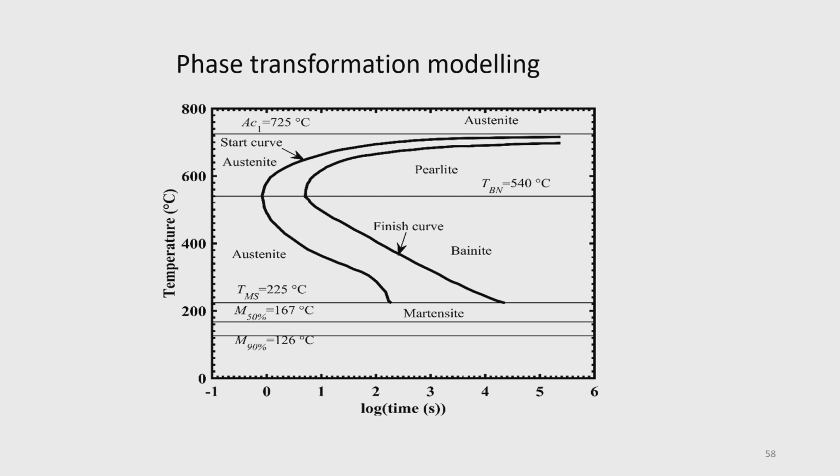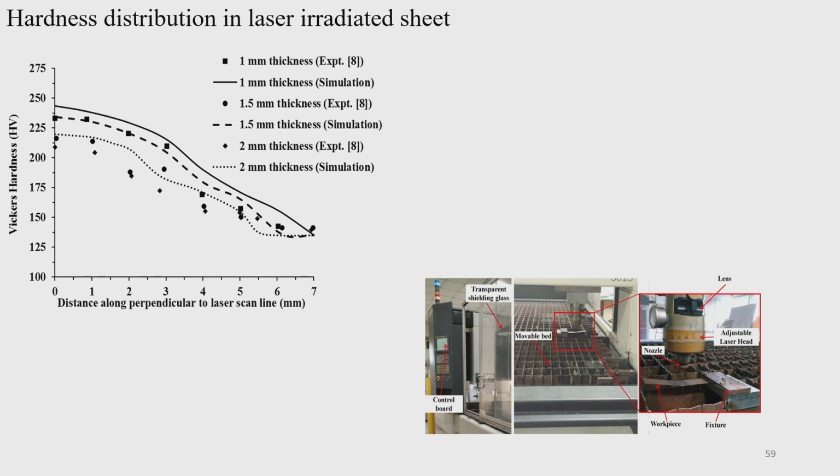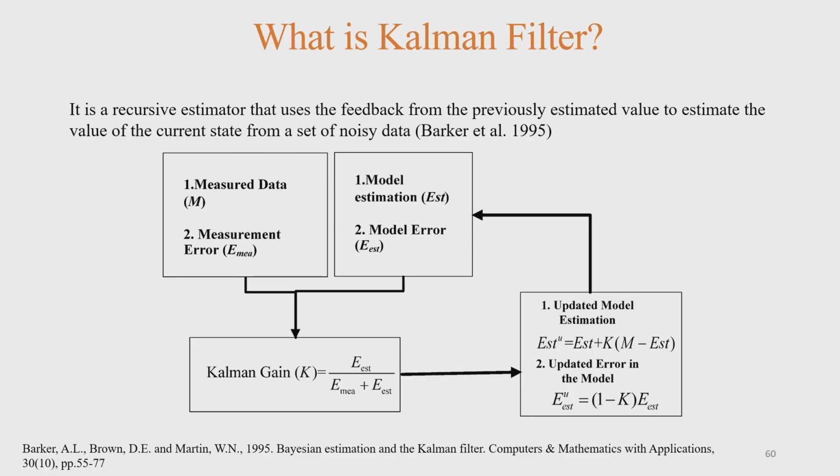These things can also be integrated in FEM, and we did like that, and we predicted the hardness distribution in a laser irradiated sheet. When we are bending the sheet by laser heating, what changes occur inside the material and how the hardness gets affected, we modeled, and after that we compared it with simulations and with the actual thing which we observed.